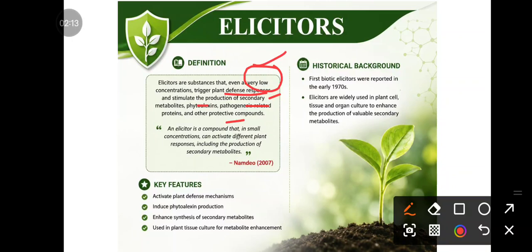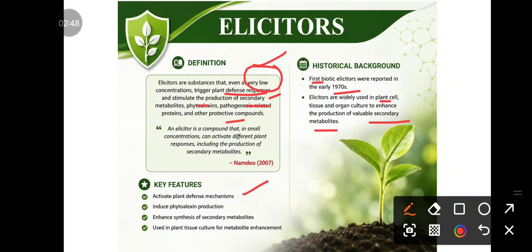Then about the historical facts. The first biotic elicitor was reported early in the 1970s, and elicitors are widely used in plant cell, tissue and organ culture to enhance the production of valuable secondary metabolites. Some key features of elicitors are: first, it activates the plant defense mechanism.